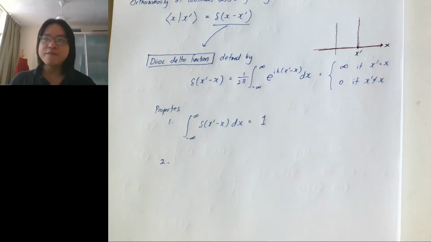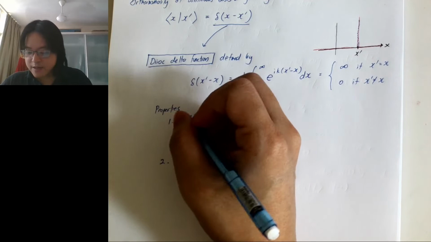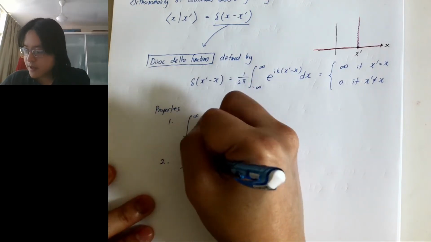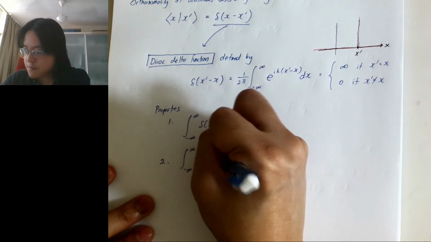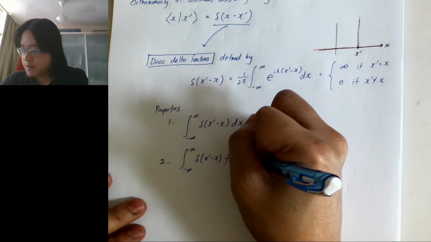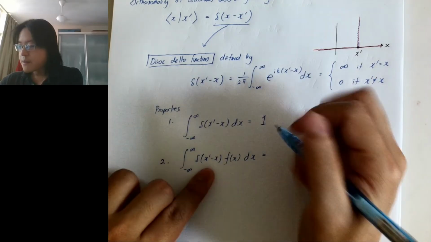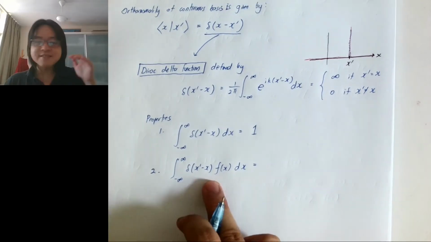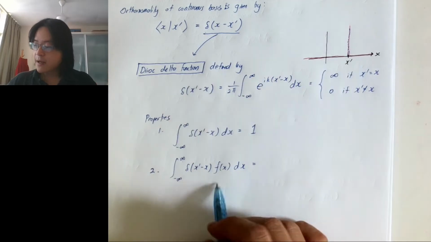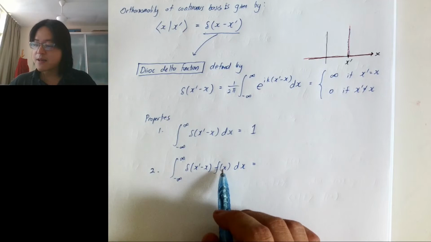Another property, even if you know or you don't know, I will remind you here: the area under the graph. If I multiply this with another function and then integrate with respect to dx, this is a very magic function, because it is 0 everywhere else, so if you multiply by it, it makes the function 0 everywhere else.